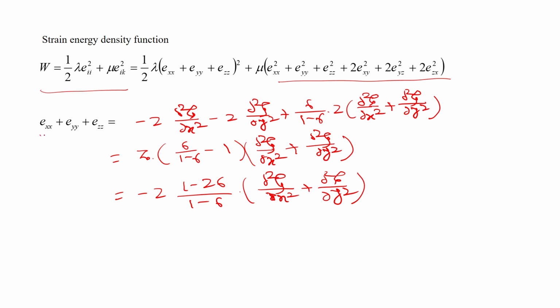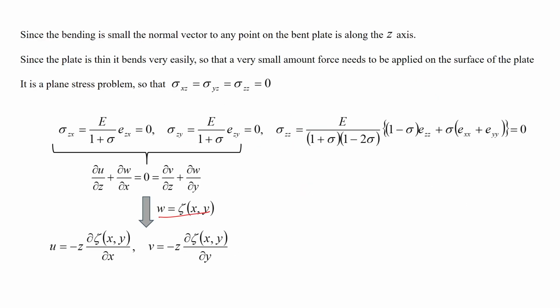So Exx plus Eyy plus Ezz we have just obtained, and then you have to obtain Exx square plus Eyy square plus Ezz square and Exy square and Eyz square and Ezx square. So now these quantities Eyz square and Ezx square we can find to be 0, because sigma yz and sigma xz are equal to 0.